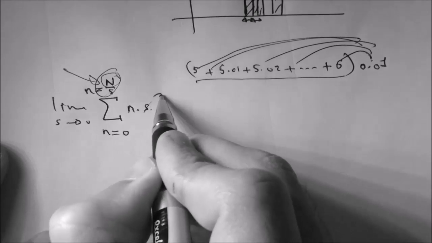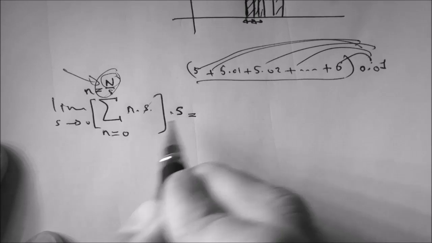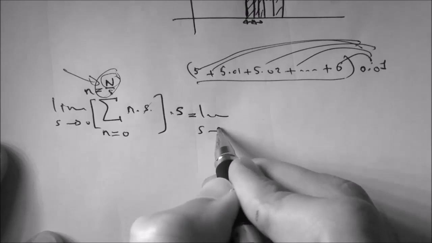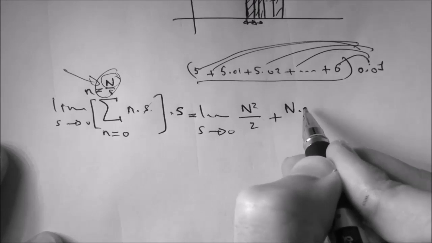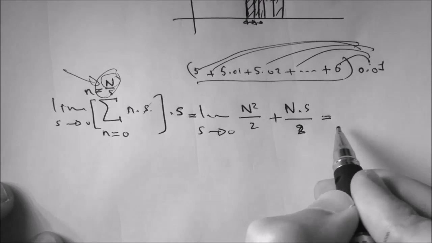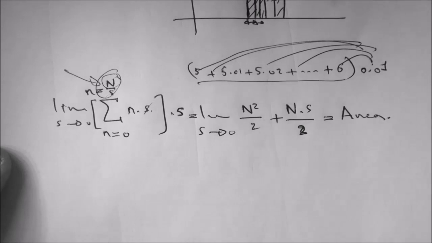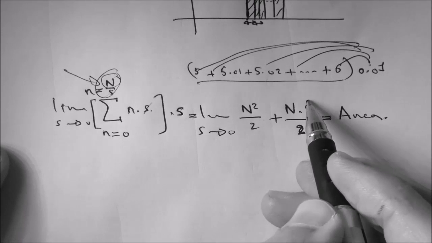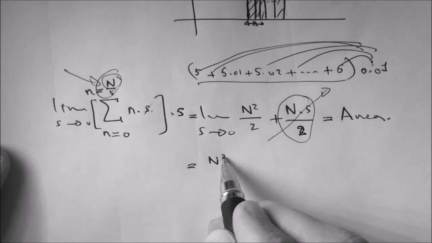And we don't forget the other s right here. We get the limit as s approaches 0 of n squared over 2 plus n times s over 2, as we did earlier. We said that this will be area under a curve, so it has a physical meaning. If s is very, very small, this term will be cancelled, and the result will be only n squared over 2.